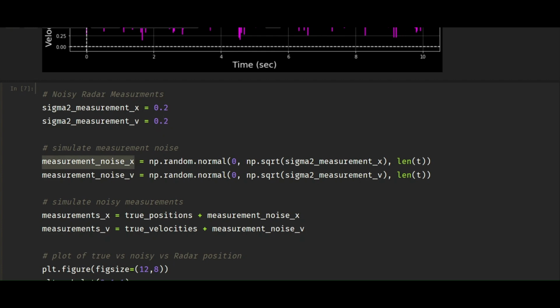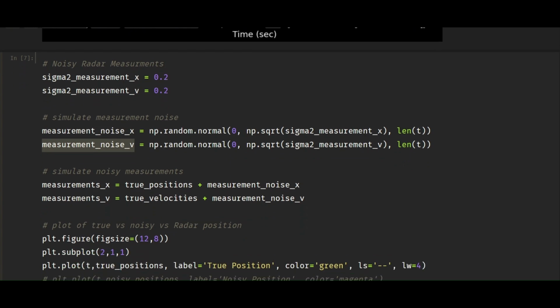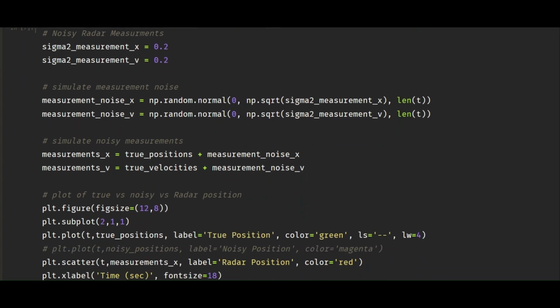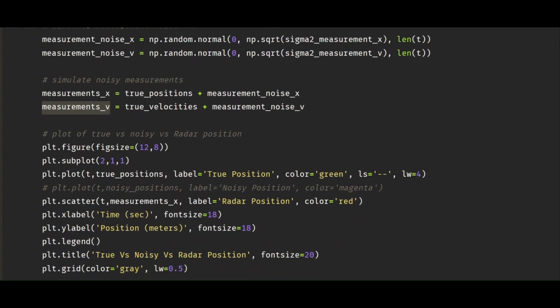This is the radar measurement noise, and this is the radar measurement noise in the velocity channel. And once these noises are generated, I'm going to mix them with the true position and true velocity, as you can see here, and generate or simulate the noisy radar measurement in the position channel, as well as noisy radar measurement in the velocity channel. So let me just plot this.